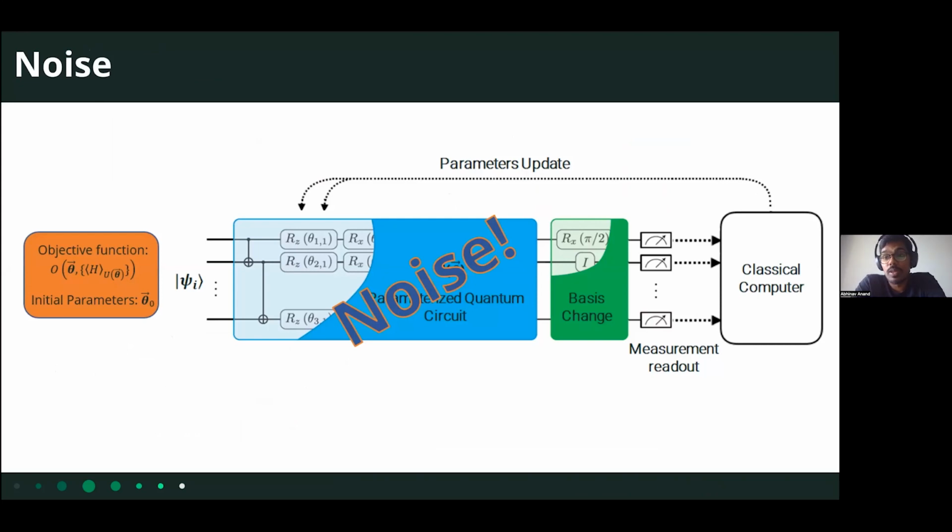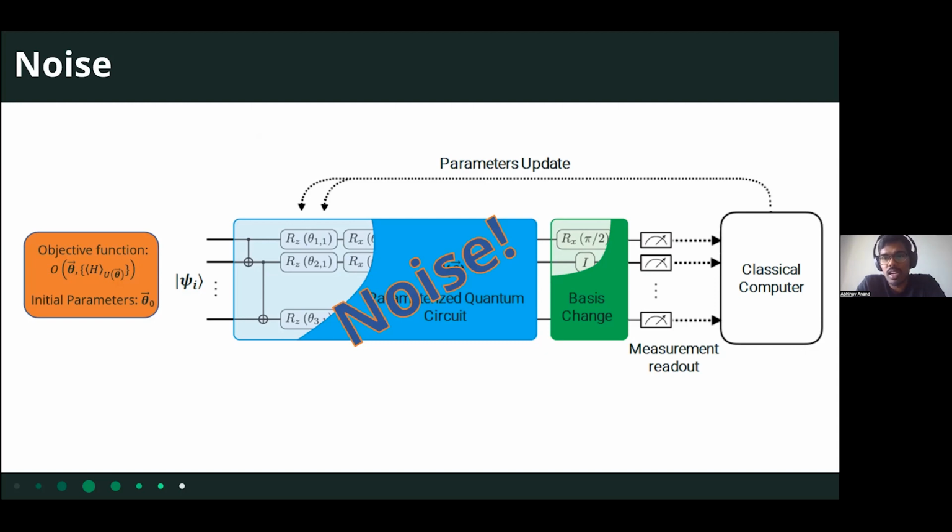And the biggest problem is noise. In principle, the whole algorithm looks okay. It should work. But the circuits that you're trying to implement are not exactly what you get on the quantum computer, because noise is there.